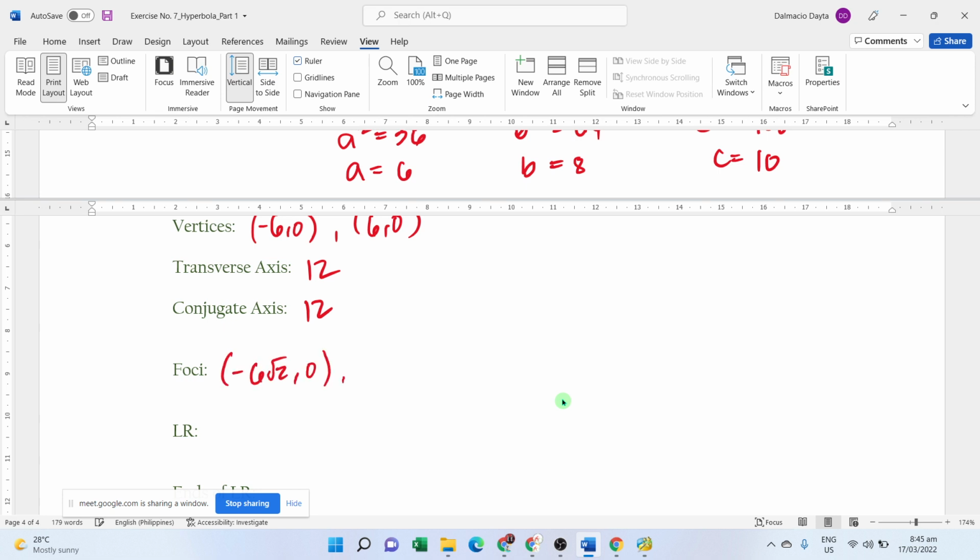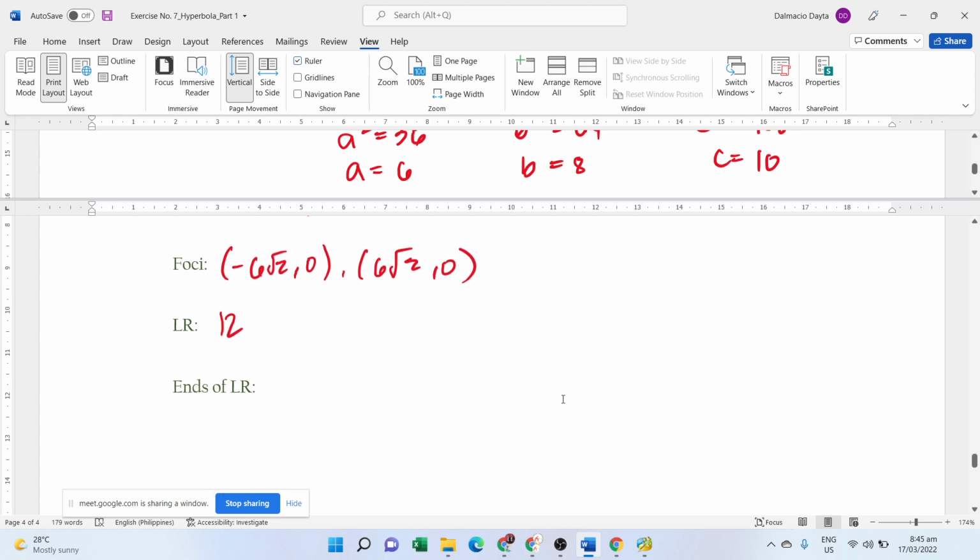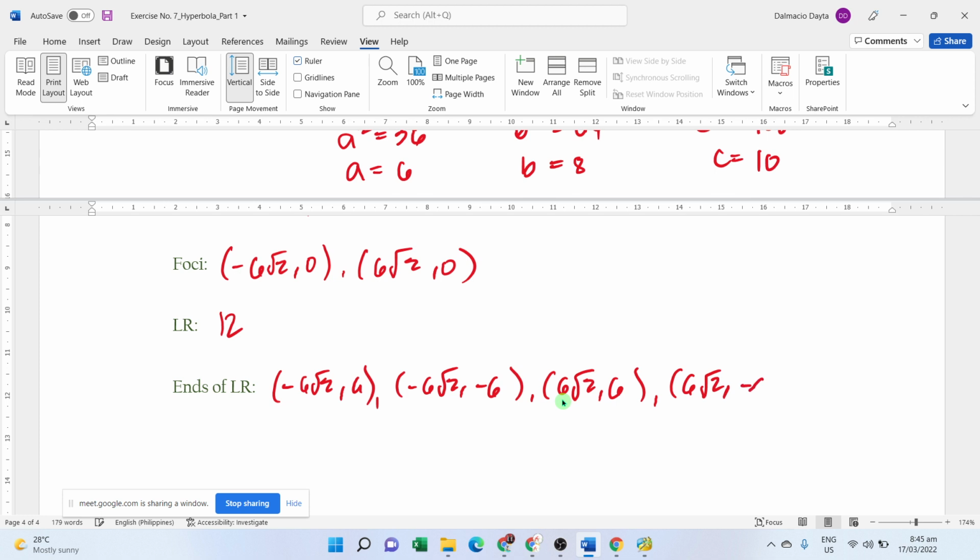And 6 square root of 2, 0. LR. 12 po. Okay. Ends of LR. Negative 6 square root of 2, 6 po. And negative 6 square root of 2, negative 6 po. Okay. 6 square root of 2, 6 po. Then last, 6 square root of 2, negative 6 po.